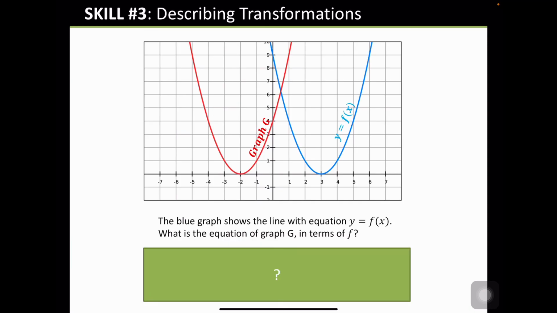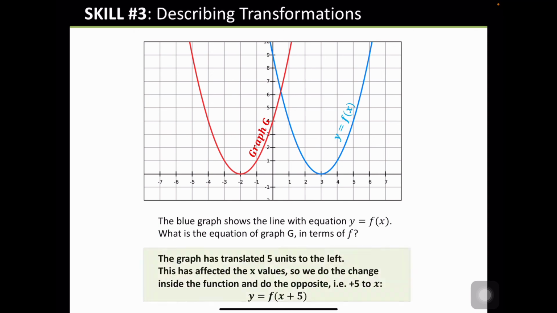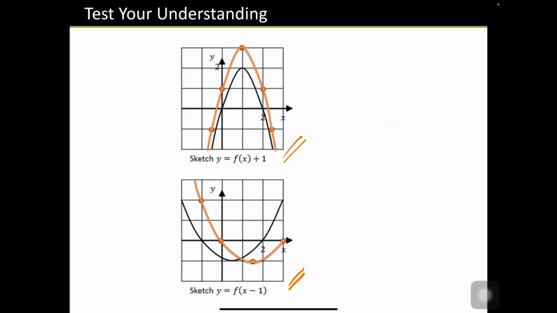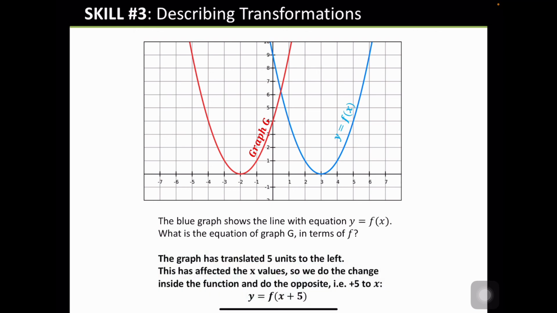Now, we've already talked about describing transformations, but we're going to look at another example here. The blue graph shows the line with equation y equals f of x. What is the equation of graph G in terms of f? We could say that the graph is translated 5 units to the left, as you can see.